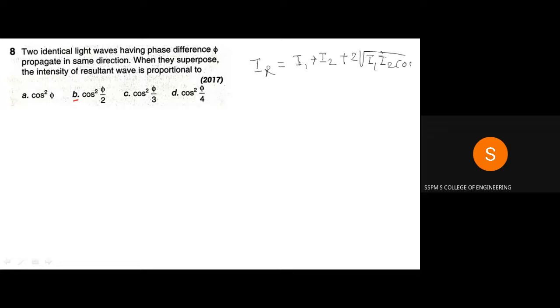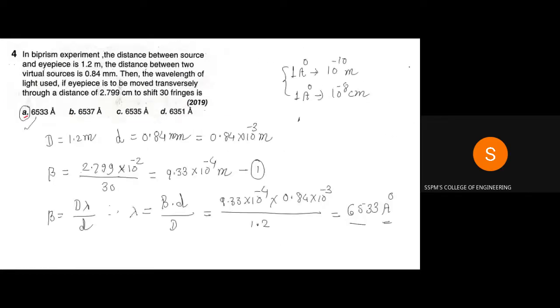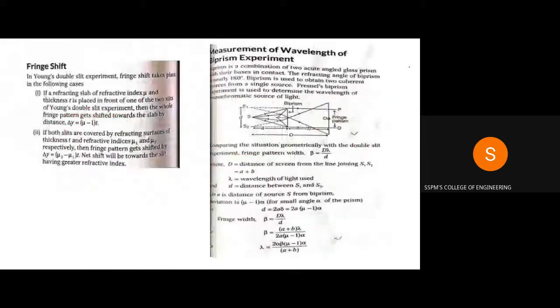I will show you this formula here. See this formula. Do you see it? Resultant intensity is equal to I equals I1 plus I2 plus 2 times square root of I1 I2 cos phi.